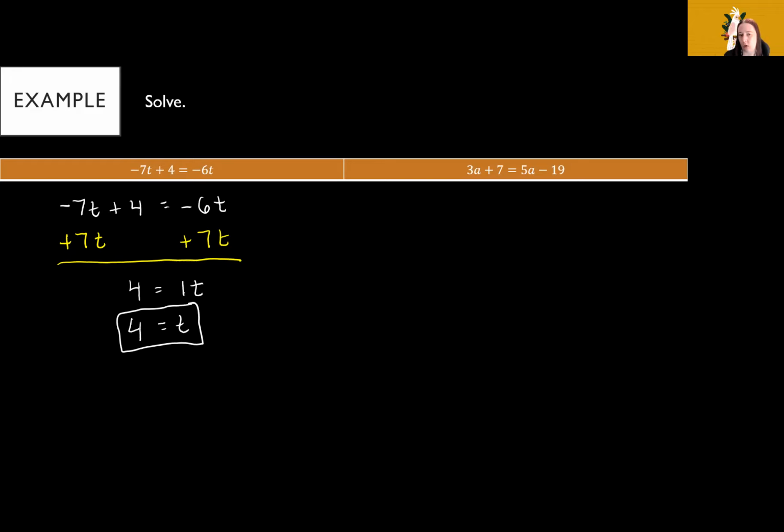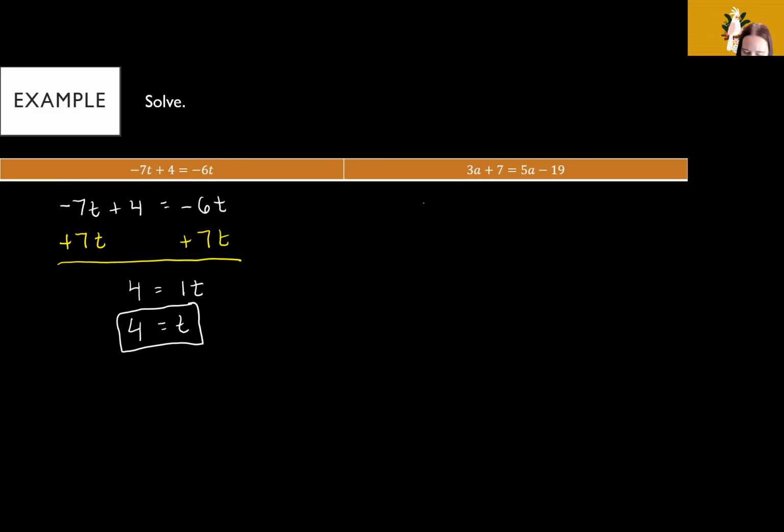It would require more work. So when you're solving, you have to think about what is easiest, what will require fewer steps, what is the most efficient way to solve. If you've already got a variable by itself on one side, then put all the variables over there, because that will be less work.